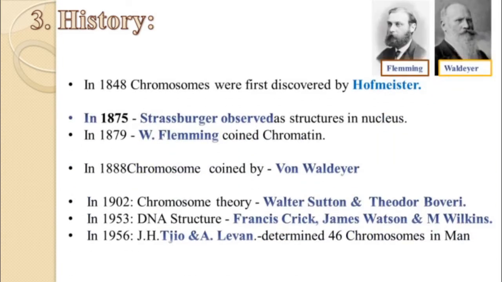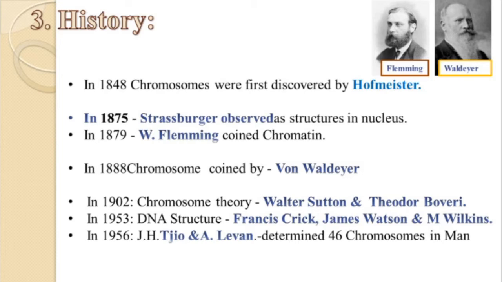Now I would like to tell about the research history, the contributions of different scientists on chromatin and chromosomes. In 1848, chromosomes were first discovered by Hofmeister in Tradescantia pollen grains. In 1875, Strasburger observed structures in the nucleus, but the word chromatin was coined by Walther Flemming in 1879, and the term chromosomes, colored bodies, was coined by Waldeyer in 1888.